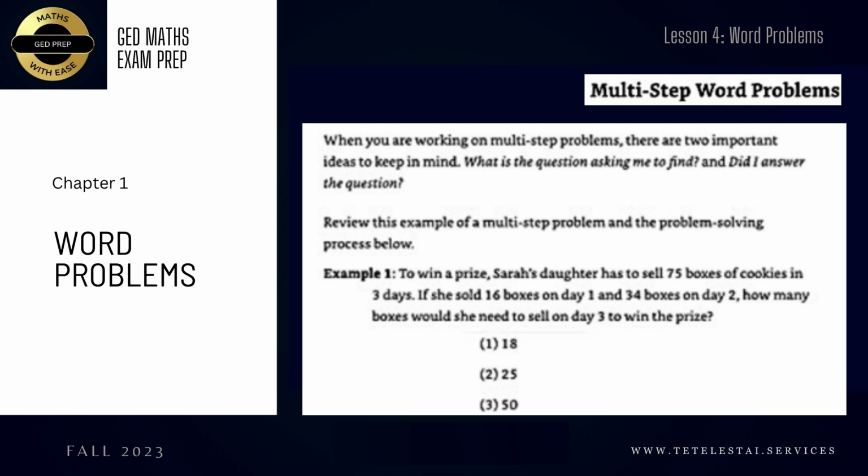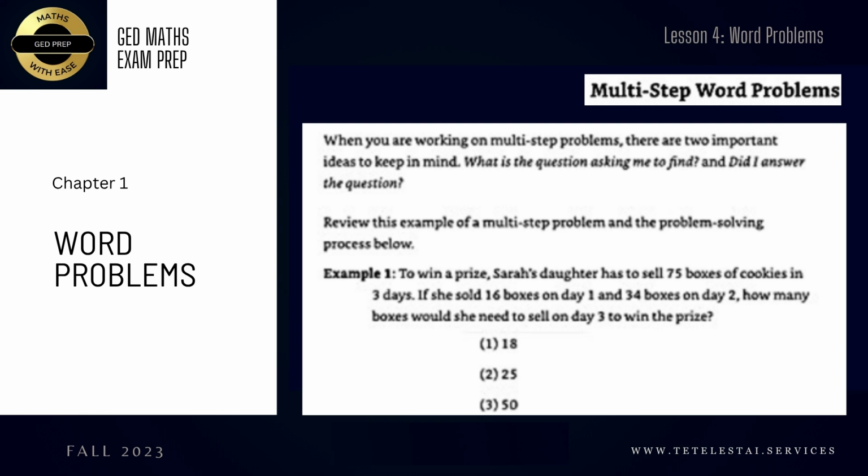All right. So the word problems that we just covered only required one operation to solve, right? So there are some word problems that require several steps, and these are called multi-step problems.